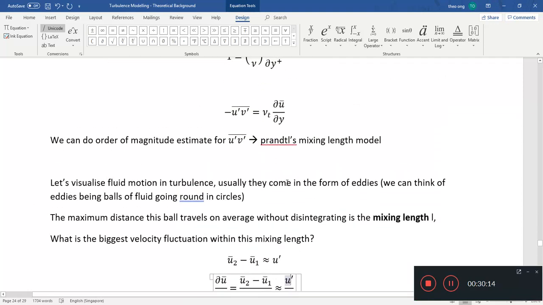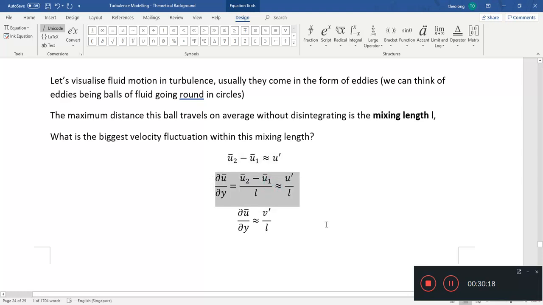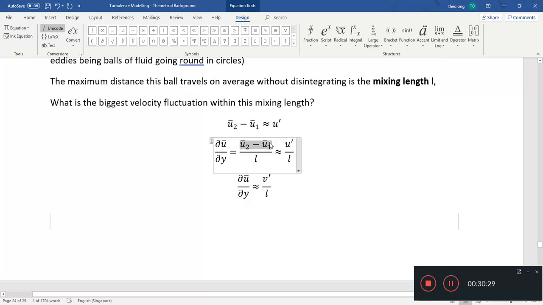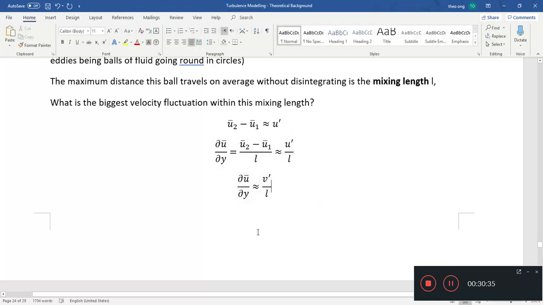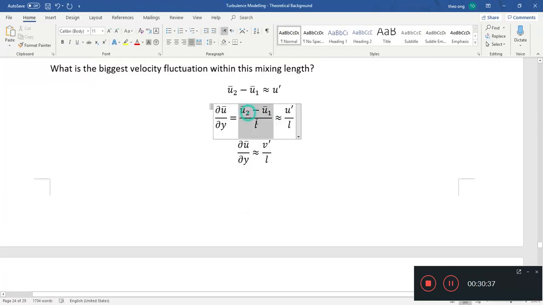So hopefully now it is clear where these things actually come from, and why the fluid ball going through the fluid will result in this kind of equation. It gives some rough idea of how we can say u2 bar minus u1 bar equals u prime.